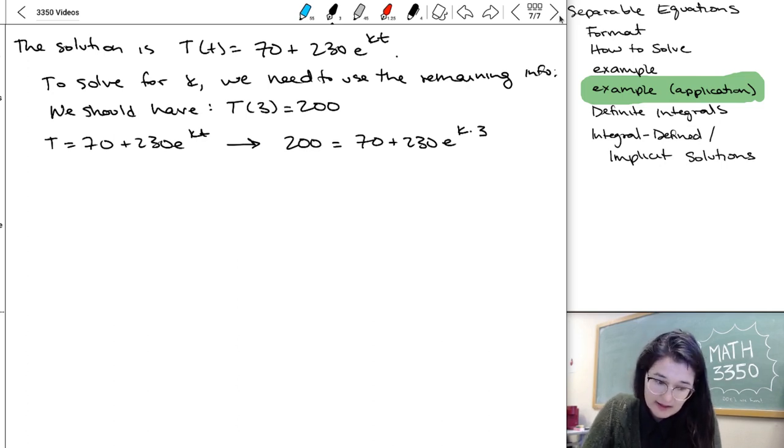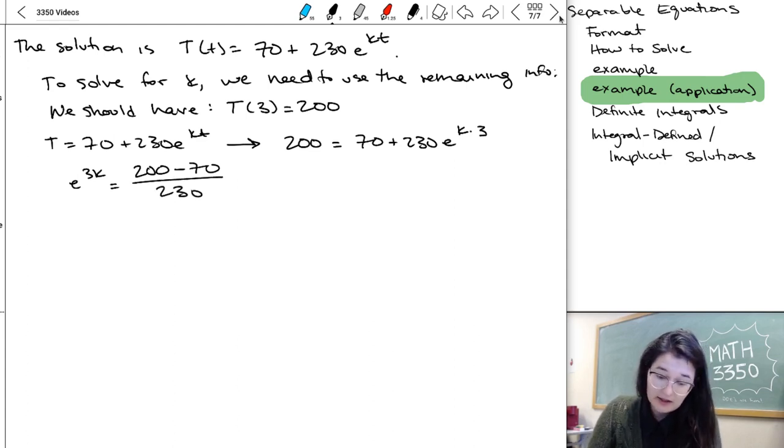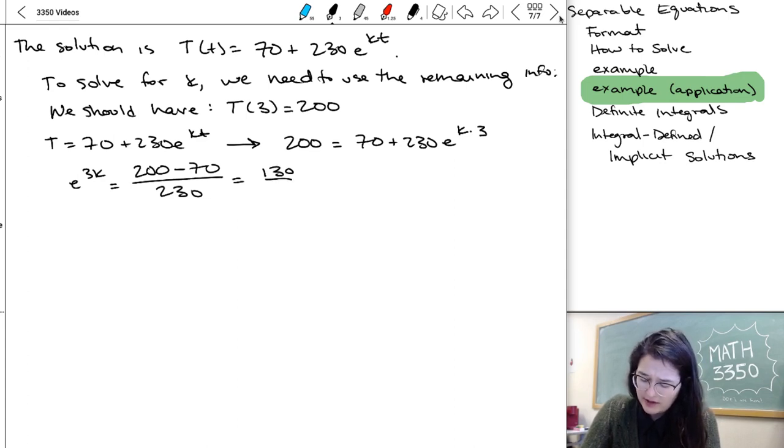That means that e to the 3k is equal to 200 minus 70, move that over, divided by 230, which is 130 over 230, or 13 over 23.